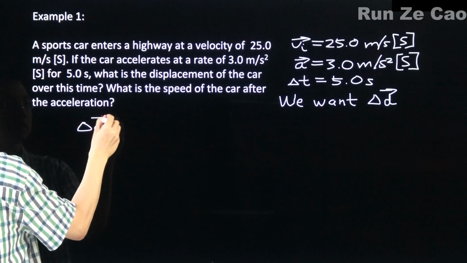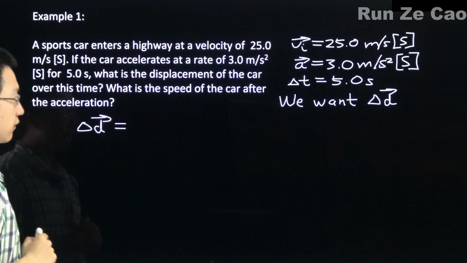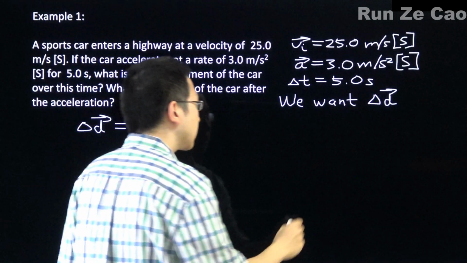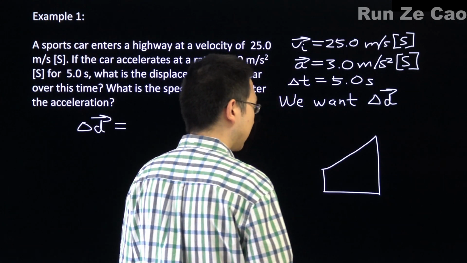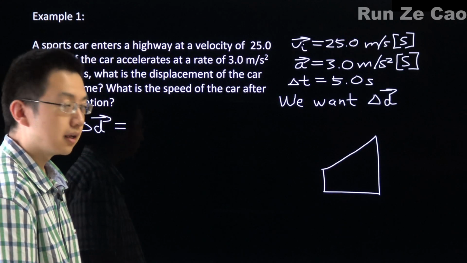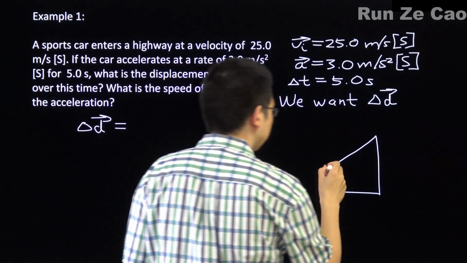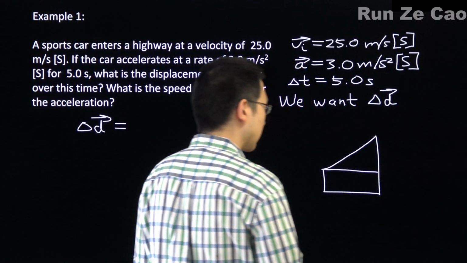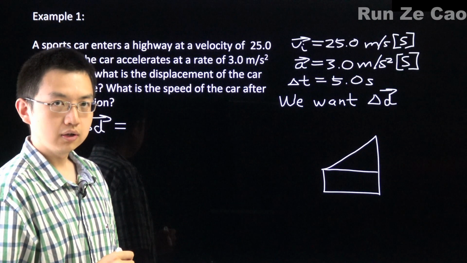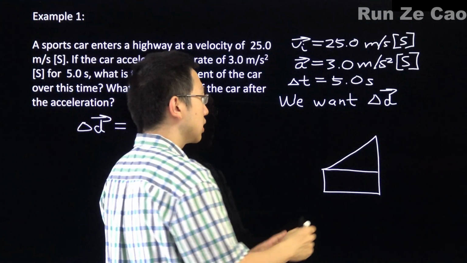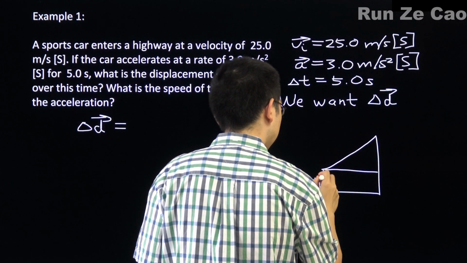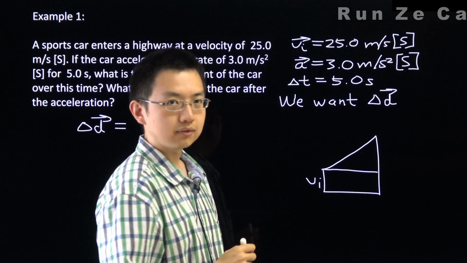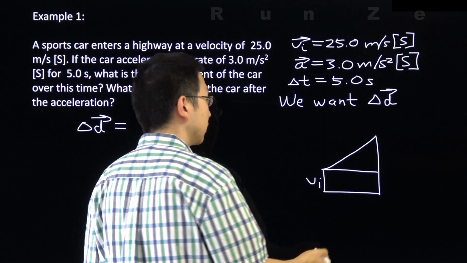Delta D is equal to, how do we think of this? We think of this as a trapezoid problem. And wait a second. In this particular formula, we use a triangle and a rectangle instead of just a trapezoid, despite the fact that the overall shape is the same.